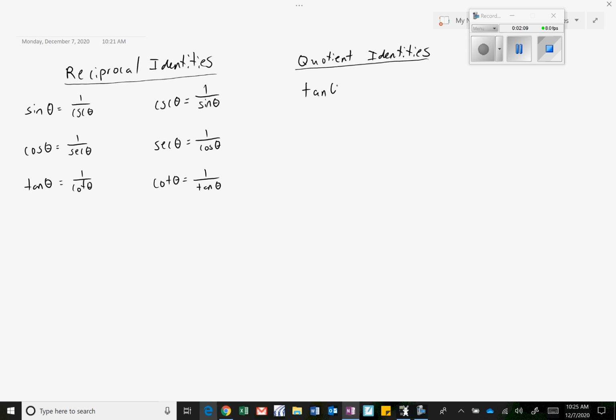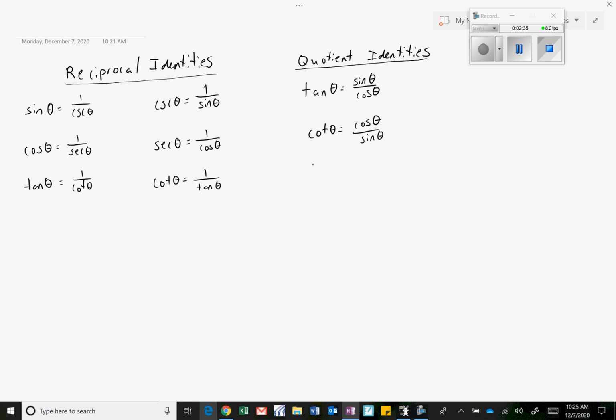So the tangent of theta equals sine of theta over cosine of theta. And then the cotangent of theta equals the cosine of theta divided by the sine of theta. So kind of flipped there. So these 8 we have seen before.